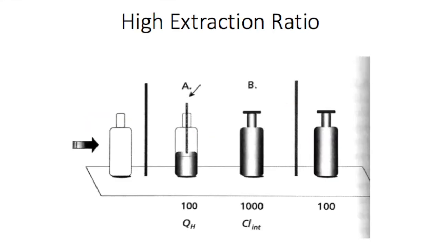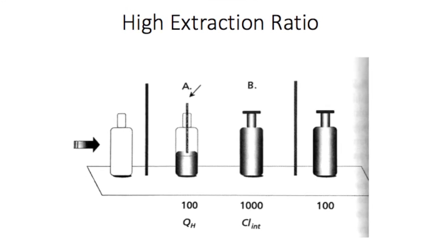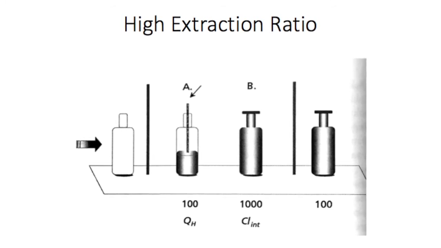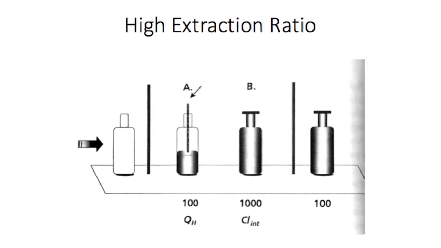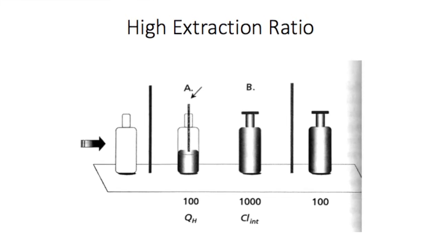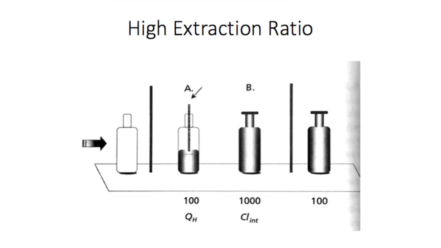Conceptually, we can think of the extraction ratio as a conveyor belt in a production system that fills and corks bottles. There are two components to this production system: the filling of the bottle, which represents blood flow, and the corking of the bottle, which represents the extraction ratio or the organ's inherent capacity to clear the drug from plasma.